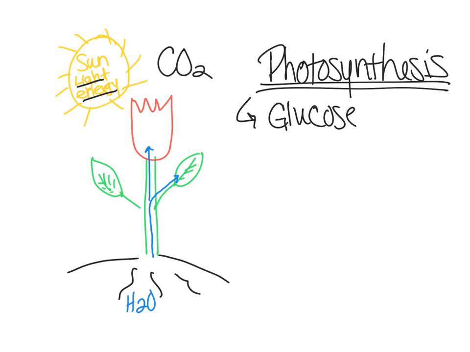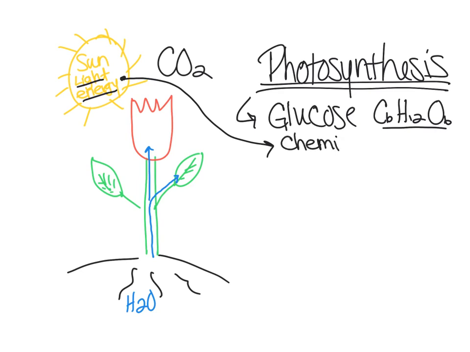And glucose's chemical formula is C6H12O6. This is a chemical formula which tells us that we've taken light energy from the sun and we've converted it to a form of chemical energy.